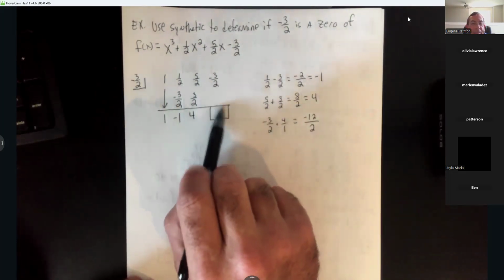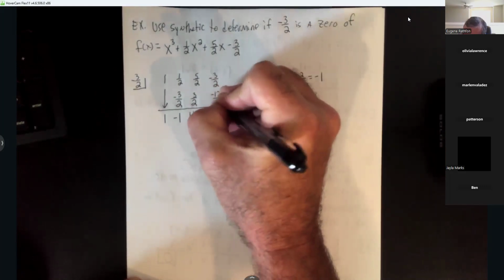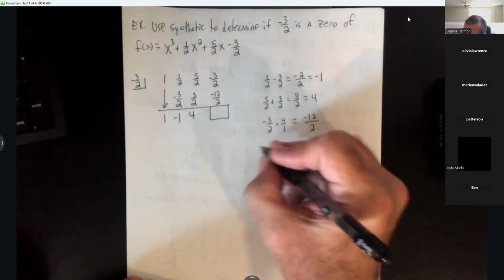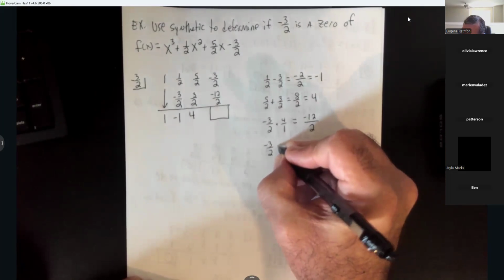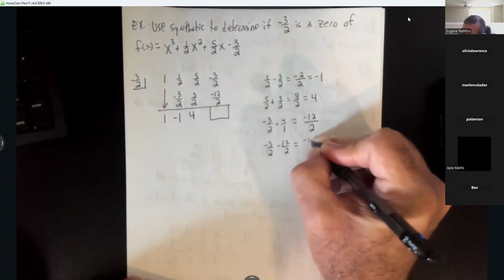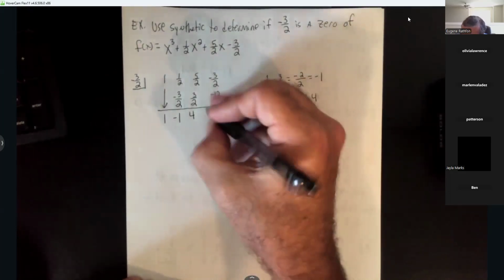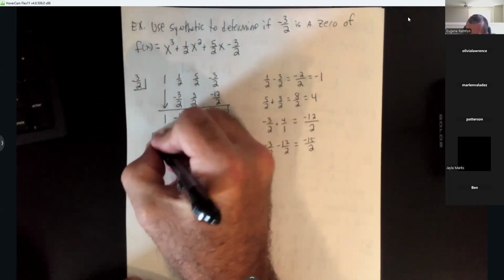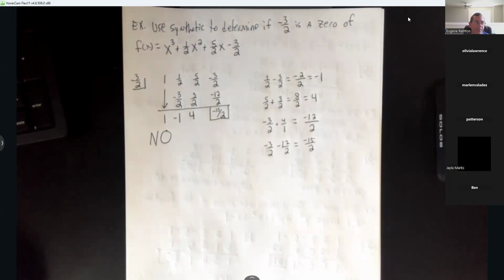So I'm just going to bring that as a negative 12 over 2 since I got that fraction with the 2 under it. All right, y'all, so let's add that up. Negative 3/2 and you're minusing a 12/2. That's going to be a negative 15/2. So that's not a zero. So this would be a no.